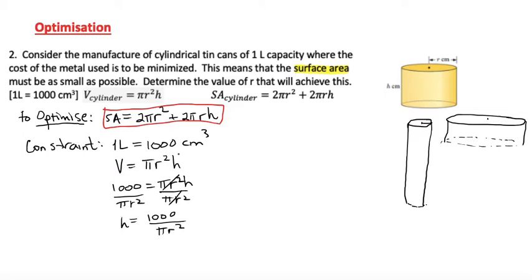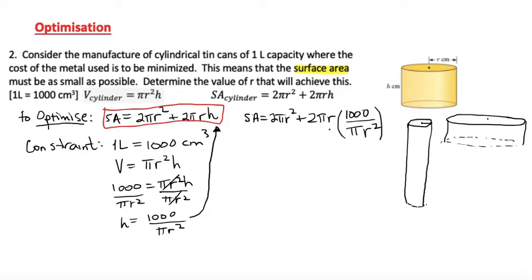Substituting into our surface area, it is 2 pi r squared plus 2 pi r, and then for the h, 1,000 over pi r squared.